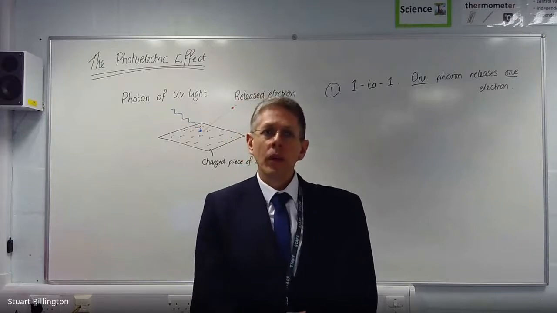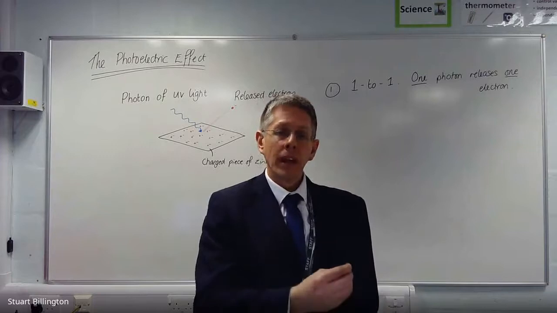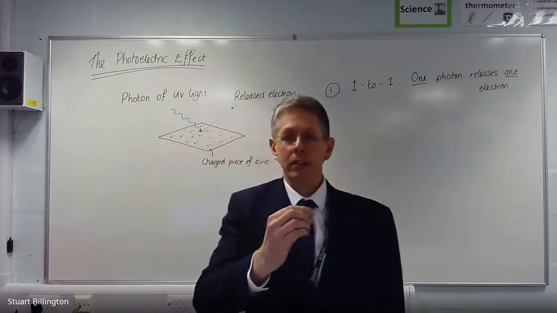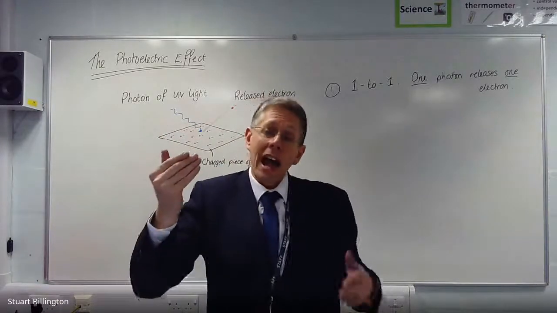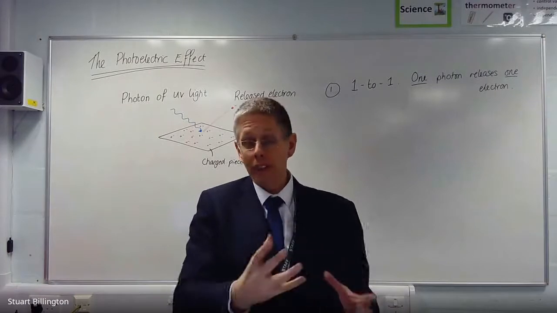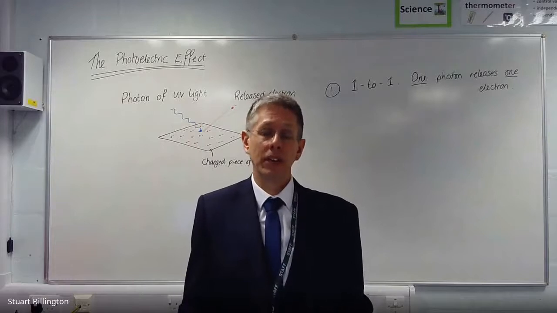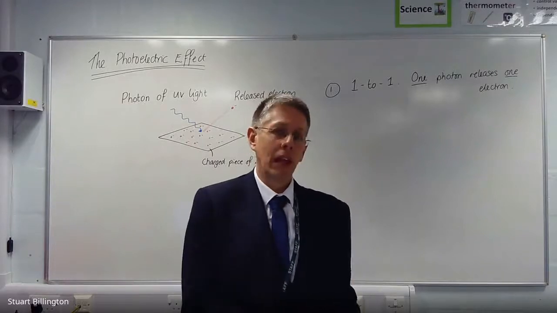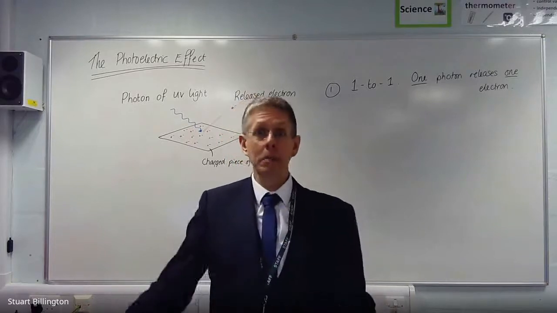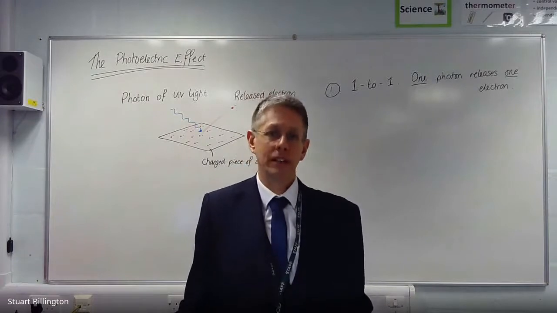And if an electron gets hit once, it is far more likely to move a little bit for a fraction of a second and collide with something, an ion or another electron, or interact with another piece of matter and lose that energy that it's just been given. It's much more likely that that will happen than it sit there and keep its energy until a second photon hits it.